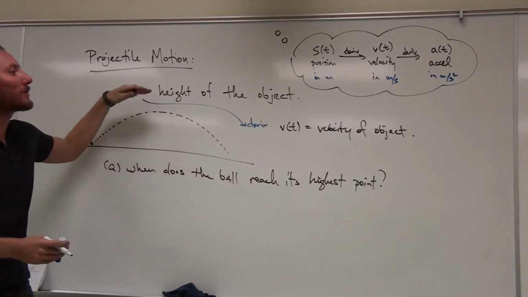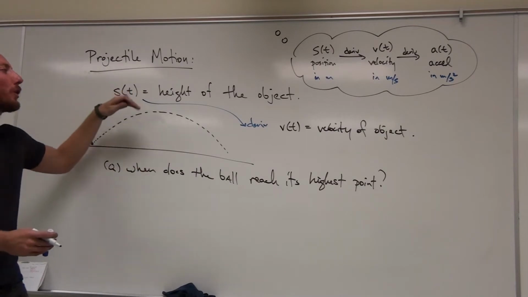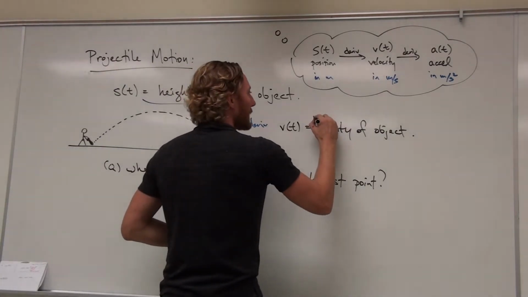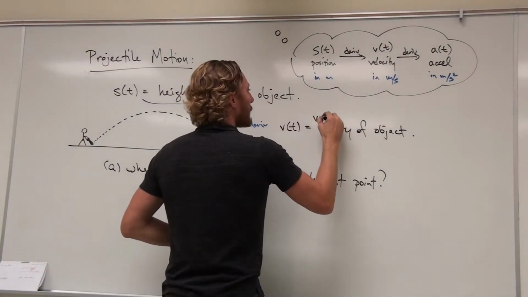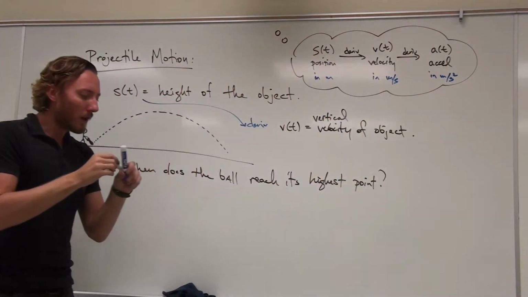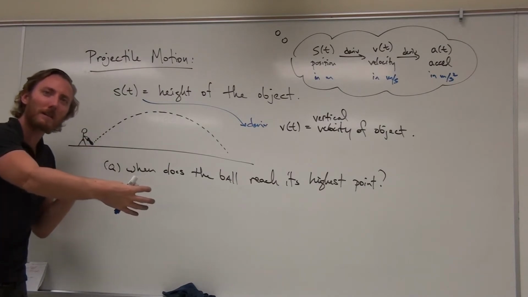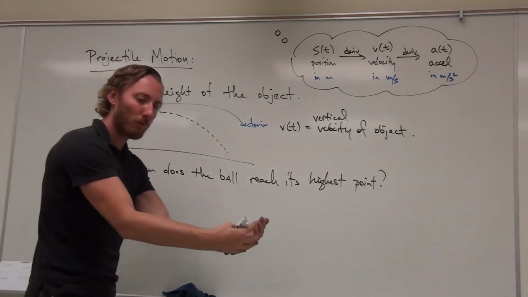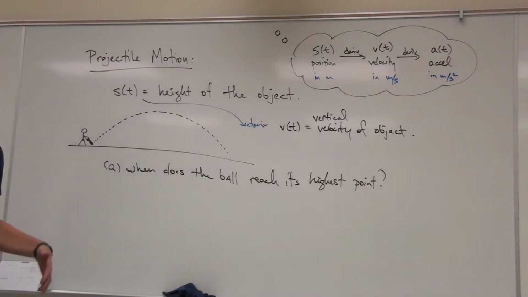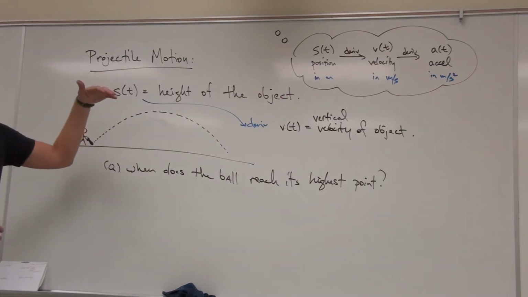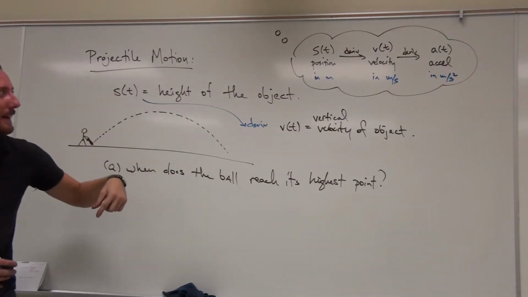So since we're measuring height, which is a vertical position, we're going to be measuring velocity in the vertical sense as well. If you think of velocity vertically as opposed to horizontally, whereas horizontally right was positive and left was negative, vertically up is positive and down is negative.